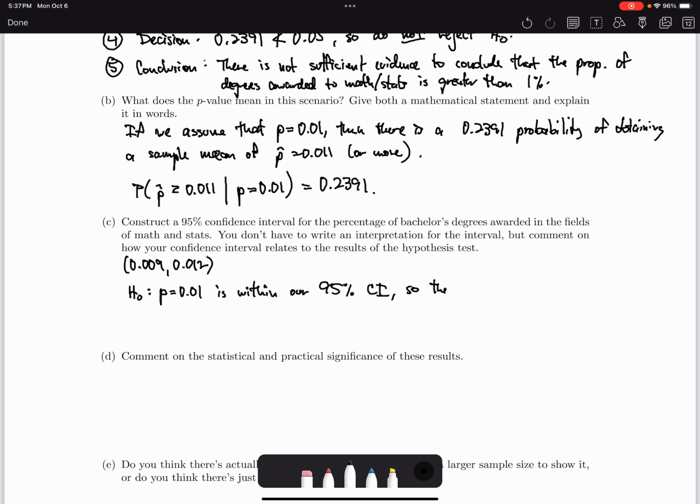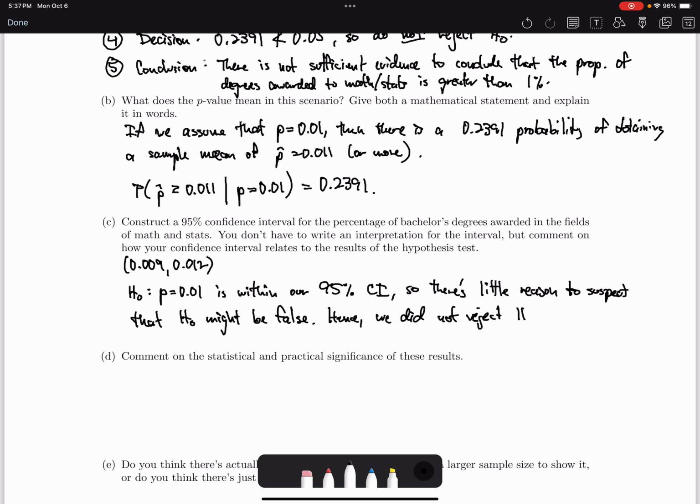So there's little reason to suspect that H null might be false. Hence, we did not reject H null.